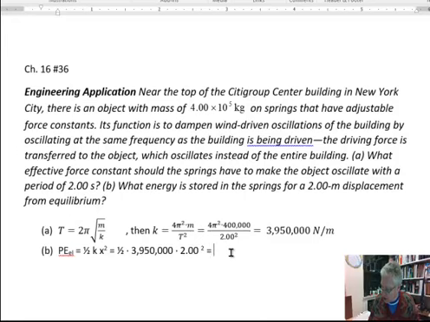And so I'm going to come up with a rounded 7.90 million, so 7,900,000. And now that would be joules.